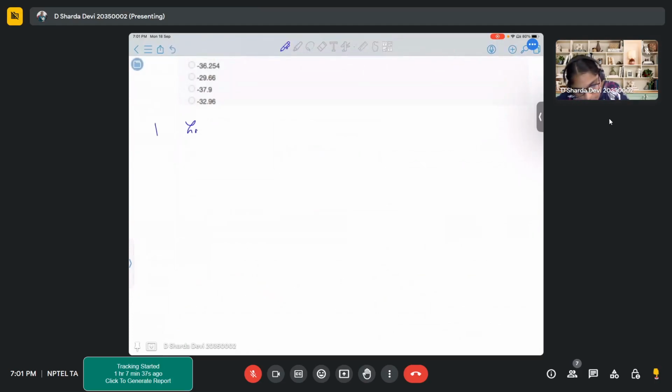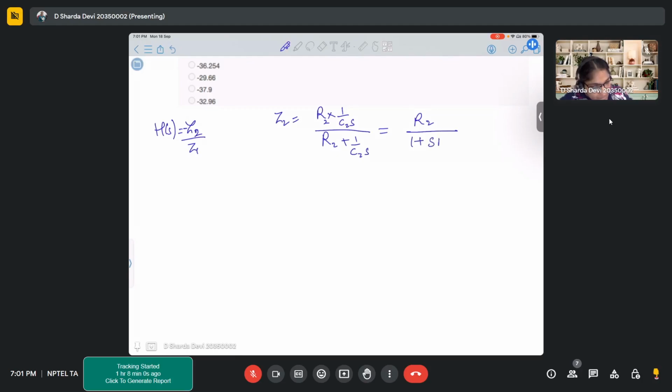So it should be minus Z2 by Z1. Z2 is R2 in parallel with 1 by S C2, which is R2 into 1 plus S R2 C2. Similarly, Z1 will be R1 upon 1 plus S R1 C1.